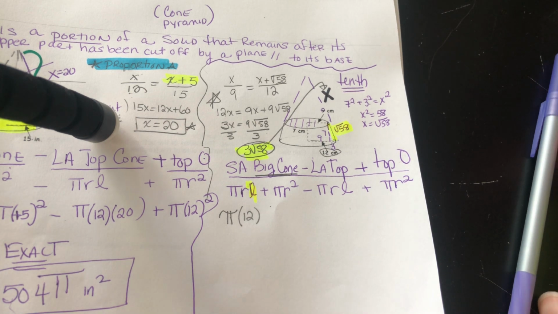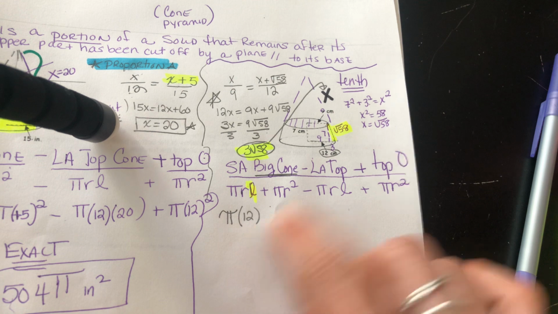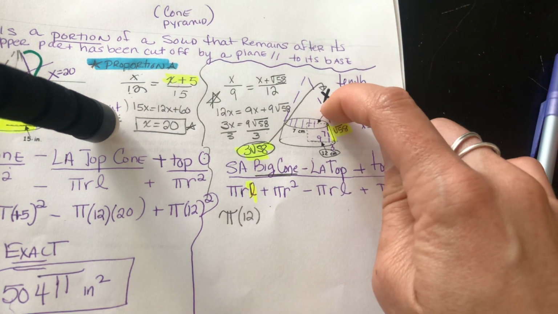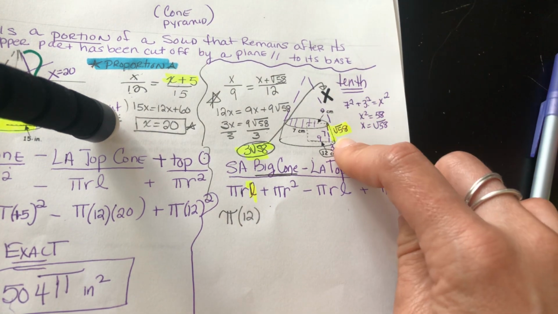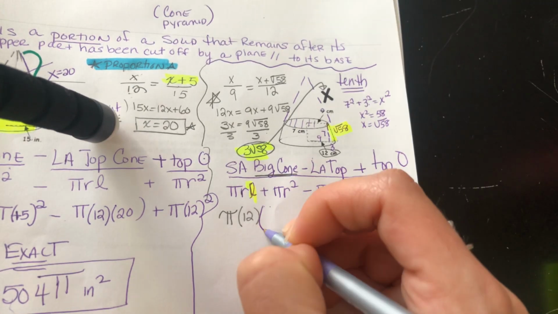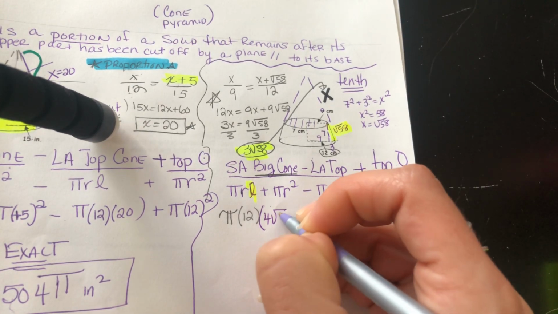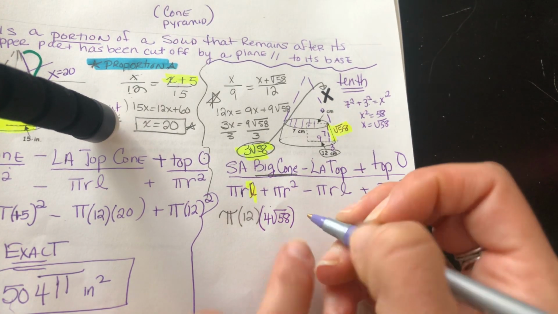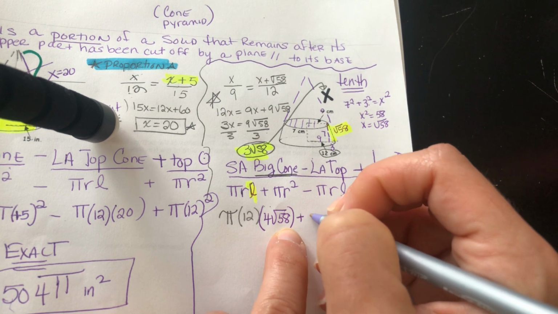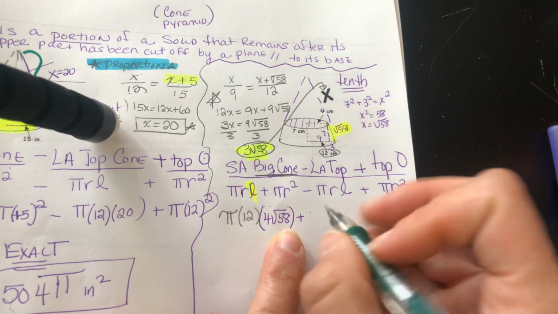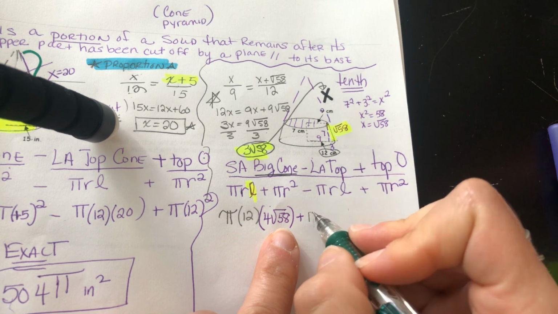So what's the length of the whole slant height? If this is 3 rad 58 and this is 1 rad 58, then the whole slant is 4 rad 58. Remember, you do not add the radicals underneath the radical sign. Now the rest of it should be pretty simple.